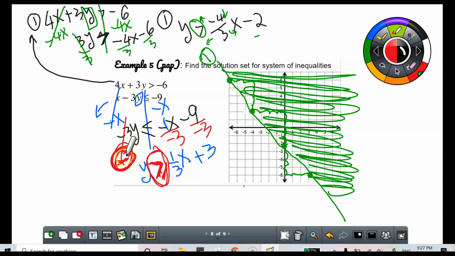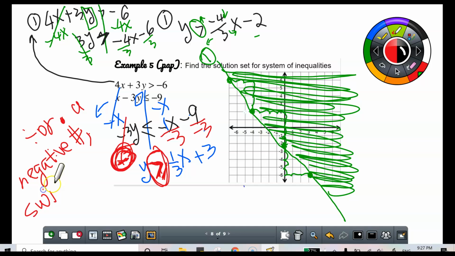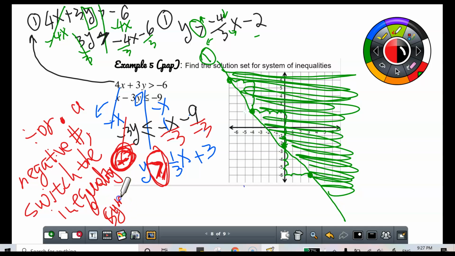Okay, if you divide or multiply a negative number, switch the inequality symbol. This is important. Okay, so now we have the correct second inequality.